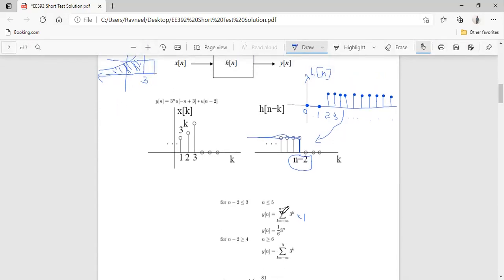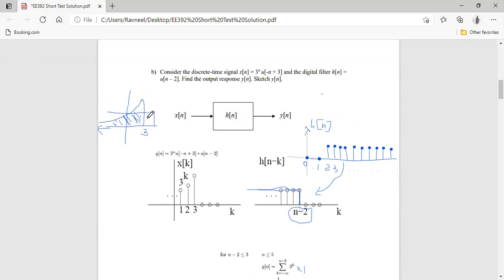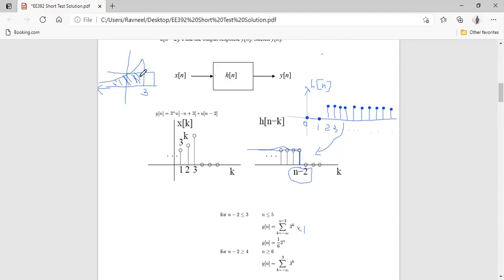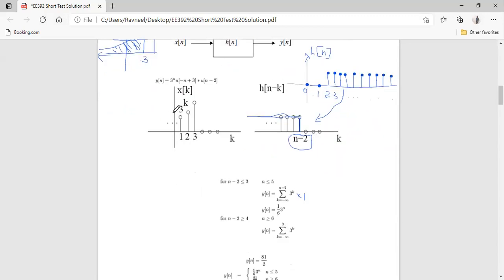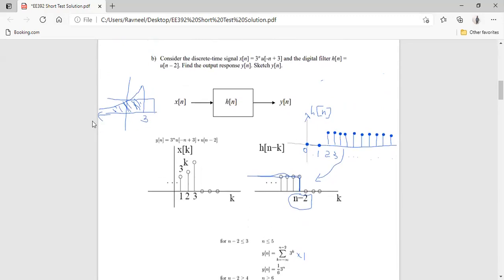Since we have already covered the discrete point of 3, starting from the next immediate discrete point, the graph starts to cover the whole of x of n. So that is what we can see. Basically, in this case, it will be the summation from negative infinity till 3.